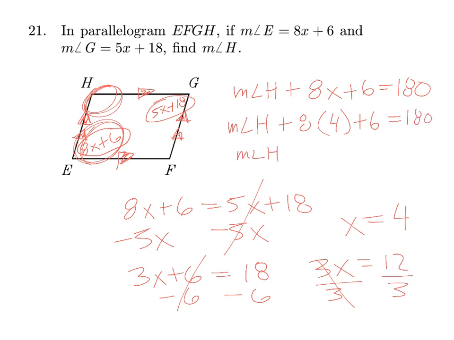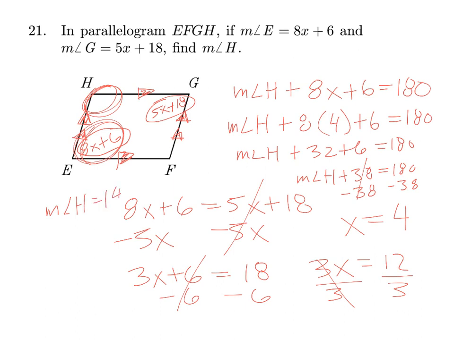Angle H plus 32 plus 6 equals 180. Angle H plus 38 equals 180. Subtract 38, and I get 142. All right, there's my answer. On to the next problem.